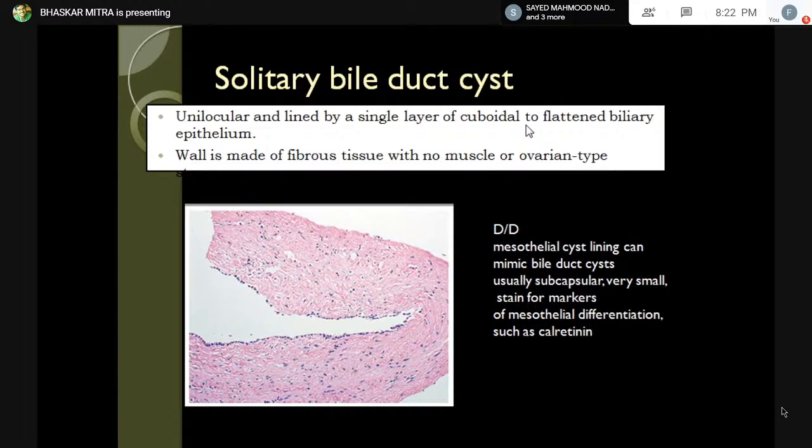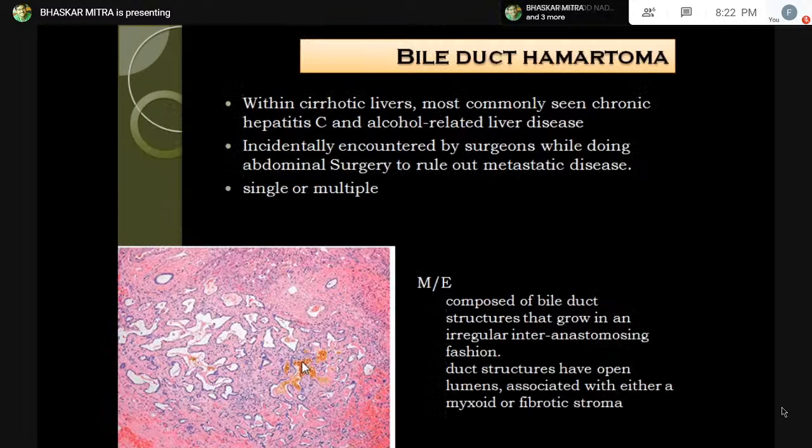Mesothelial cyst may look like the same flattened lining, same fibrous tissue, but they show typical mesothelial marker staining. And this shows the biliary epithelial marker staining, that is CK7, CK19. CK7 may be positive also in the mesothelium, but the other markers like calretinin, WT1, these are positive on the mesothelial side.